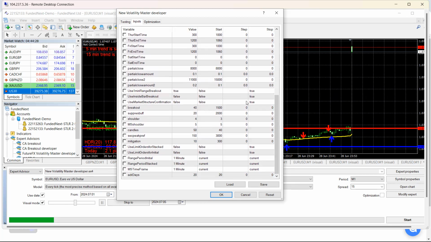That'll probably be a setting I adjust later. So the breakout, I'm only going to use 15 for the breakout because the market's not moving as far. And I'm going to reduce all of these ones as well. Candles will stay the same. And the mitigation, it's not that I'm using that at the moment, but down to 5.